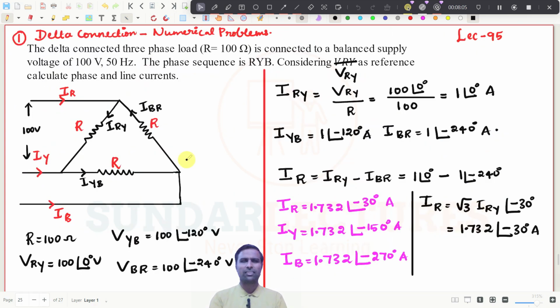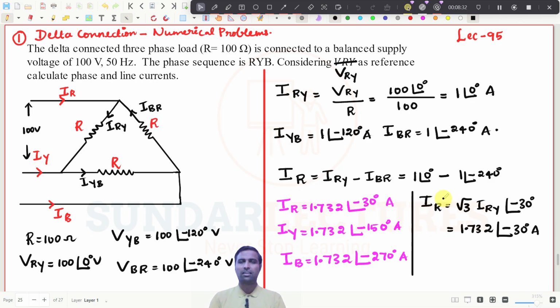Try to understand. There are many ways to solve problems, but you have to be very careful while solving them, because this will be very helpful if you are going for competitive exams. You don't need to calculate these things again, put in the values, convert into rectangular form, subtract, then convert back into polar form.